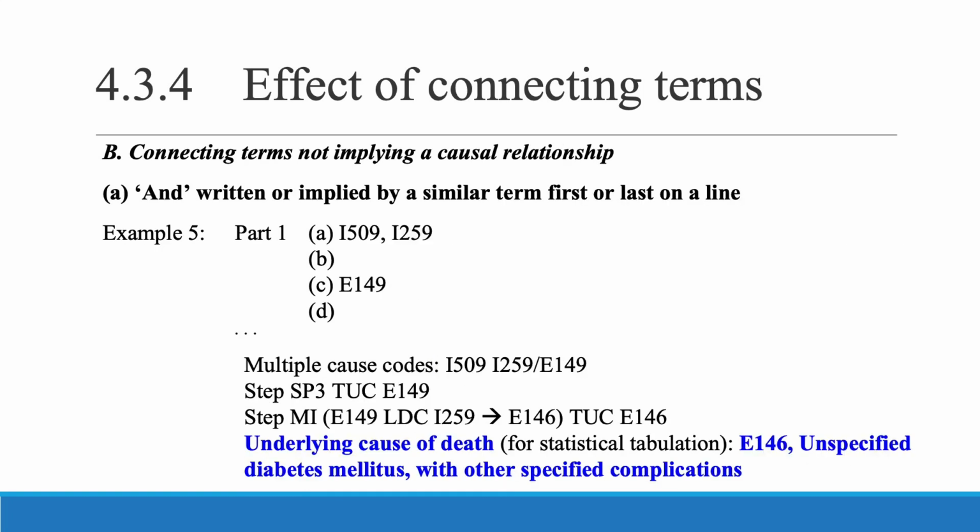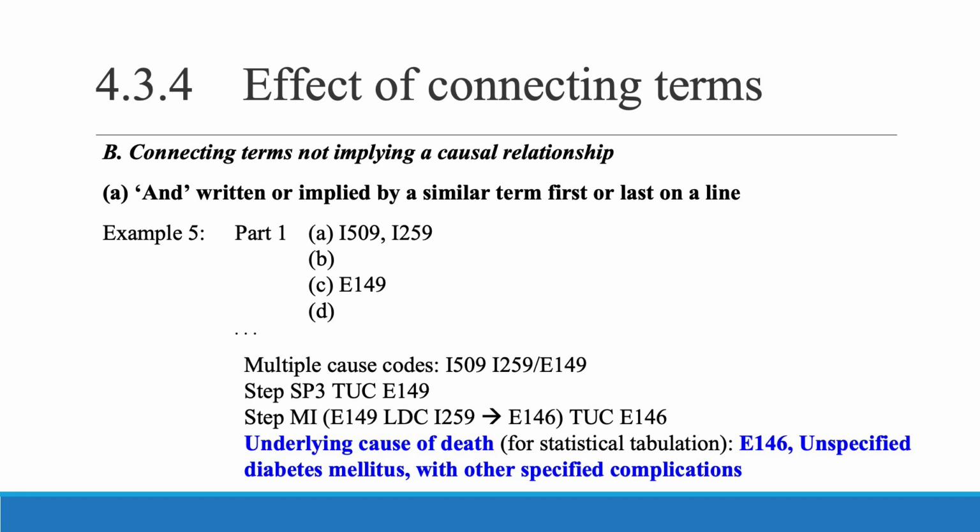Here's example 5, reduced simply to code numbers. So we have I-509 and I-259 together on line A because the certifier used a connecting term that did not imply a causal relationship. So we code them together on the same line. And then diabetes reported on line C, coded on line C. We were moving it down before to keep it as the first condition entered on the lowest used line of part 1 when we were rearranging codes for connecting terms that implied due to.